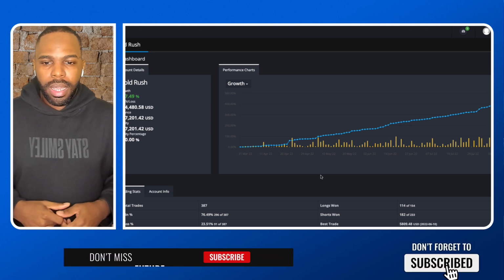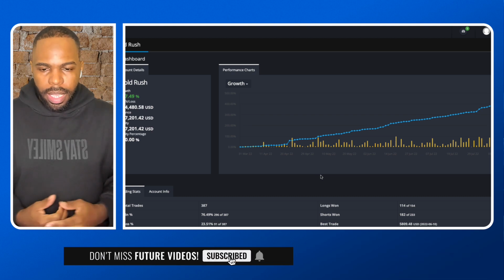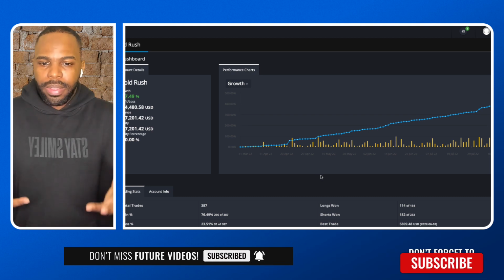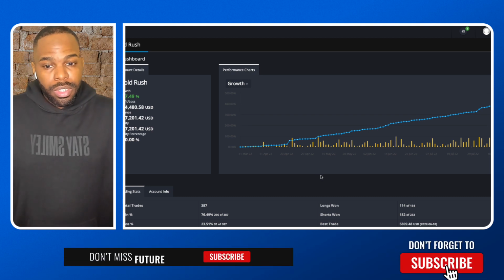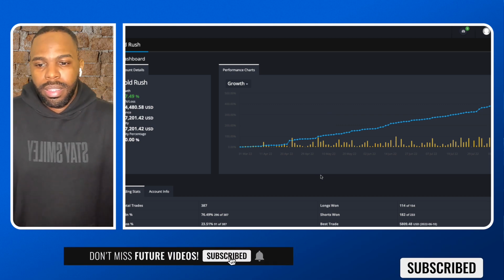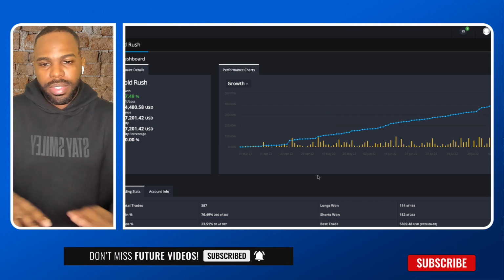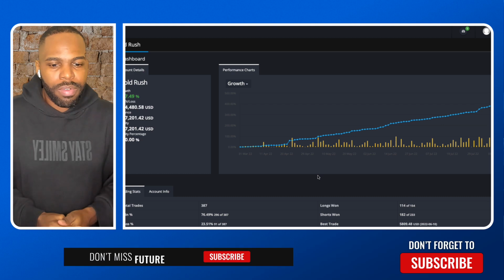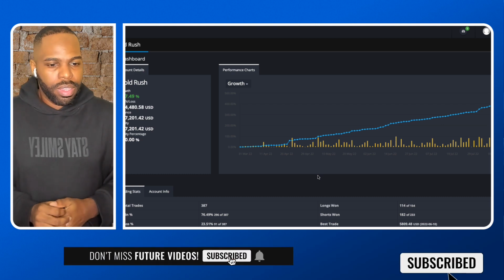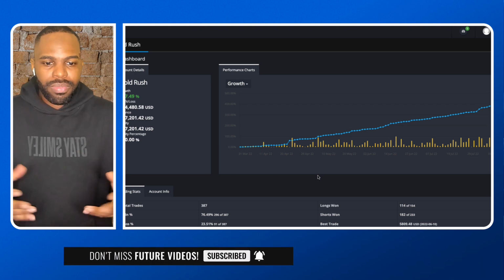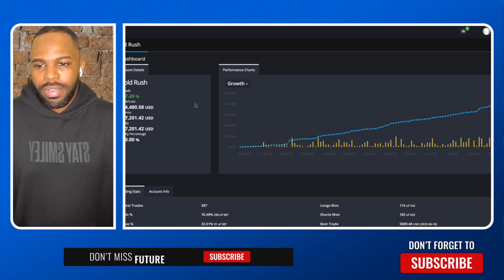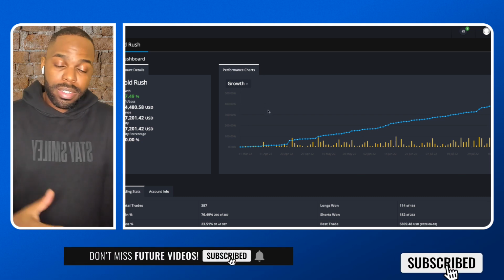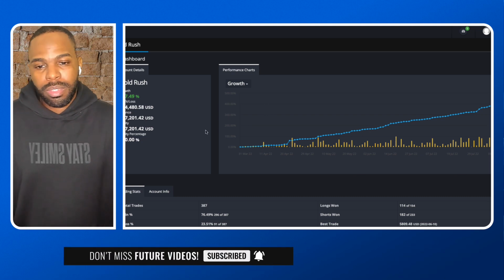It only trades gold, and if you like the results you're getting, you can pay the one-time fee of $300 and I'll set you up with lifetime access, and you can start getting results whenever this bot starts trading. All I gotta say, this bot is fire, man.